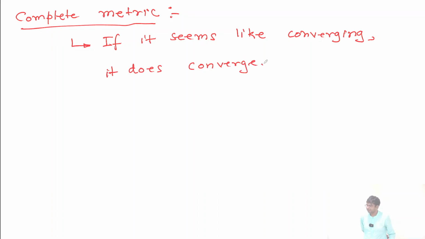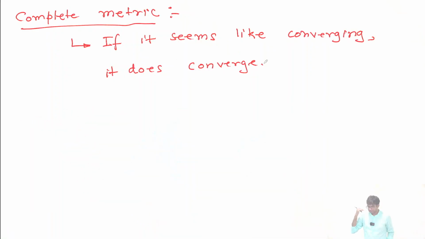If it seems like it is converging, then it does converge. So basically, to define it more formally, it is a metric space where the Cauchy sequence converges, then it is known as the complete metric space. Okay.